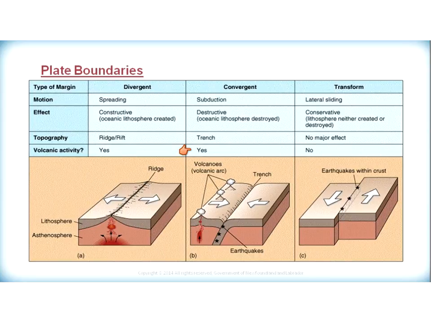Earthquake activity can be found in the shallow subduction zone, which is called a shallow focus earthquake, moderate focus earthquakes in the upper mantle, and deep focus earthquakes in the deep mantle. At transform boundaries, we don't see any volcanic activity, but we do see earthquake activity. And the earthquake activity will occur near the surface along the transform boundary, and these are called shallow focus earthquakes.